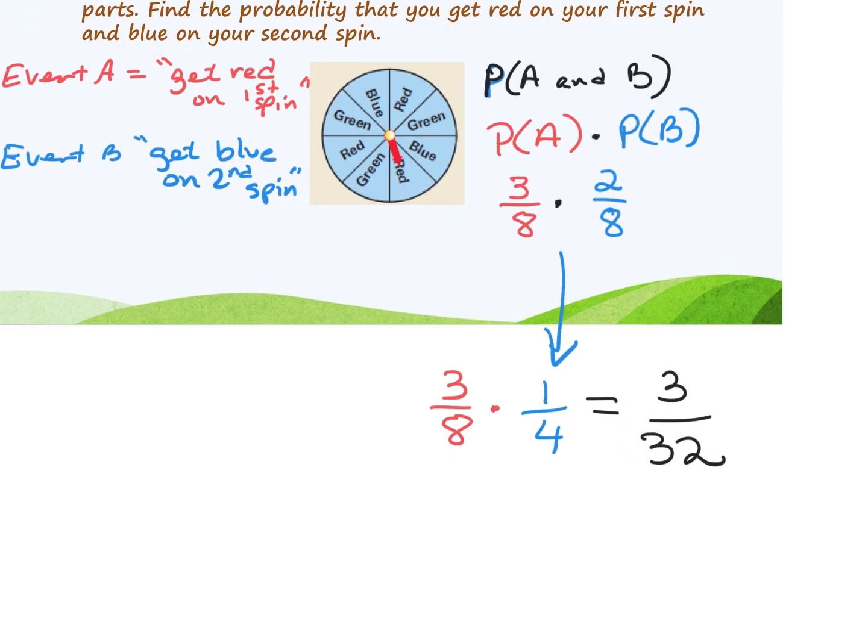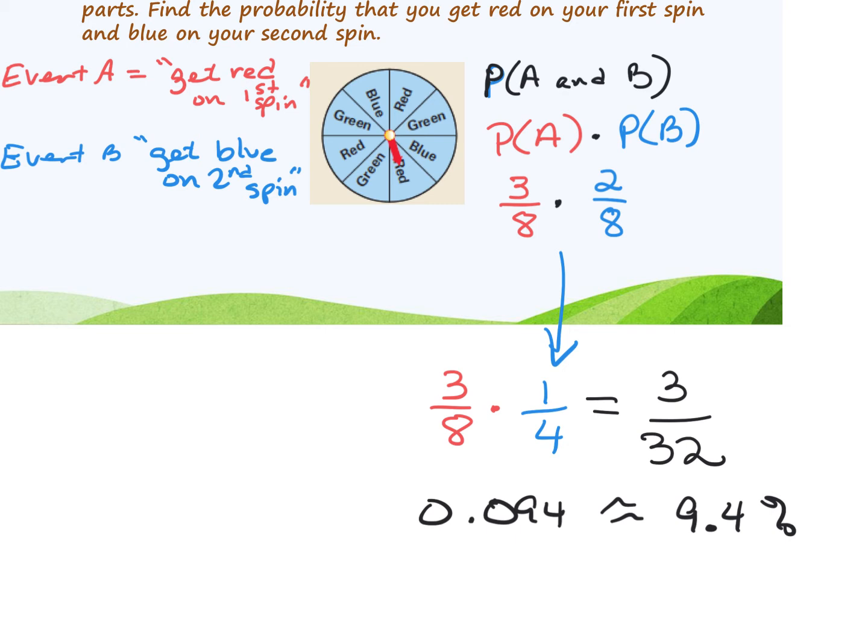As a decimal, 0.094. As a percent, move it 2 times, 9.4%. So be able to recognize answers for these word problems as fractions, decimals, or percents, just in case you end up with a multiple choice question.